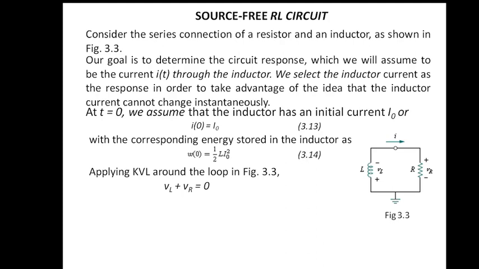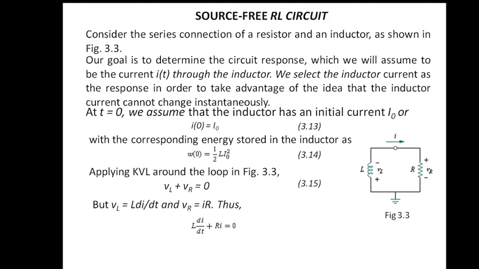Now we know the basic equations for the voltage across the resistor and the voltage across the inductor. VR equals the product of current and resistance, VR equals i into R. VL equals L into di by dt. Now substitute those values in this expression: L into di by dt plus iR equals 0.